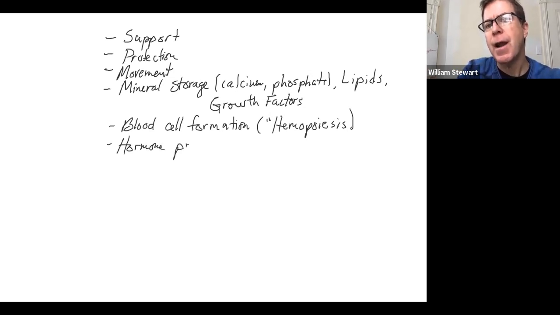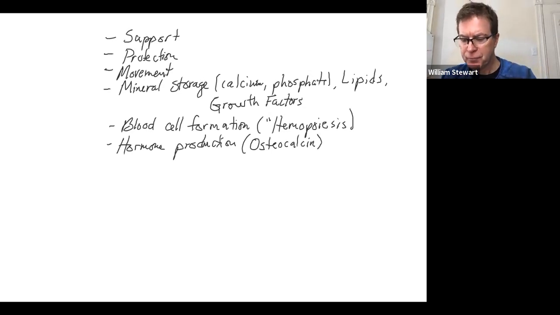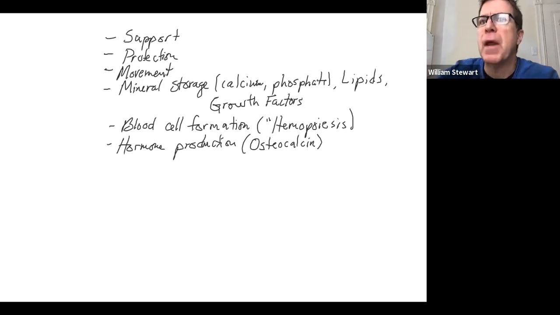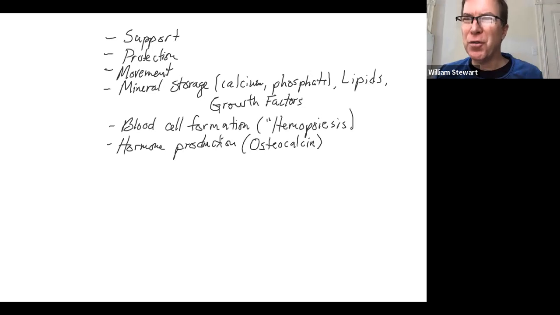The bones are not a major source of hormones, but they do produce, in particular, a hormone called osteocalcin. That regulates insulin secretion, which affects bone formation. So those are the major cursory functions of the skeletal system as a whole.